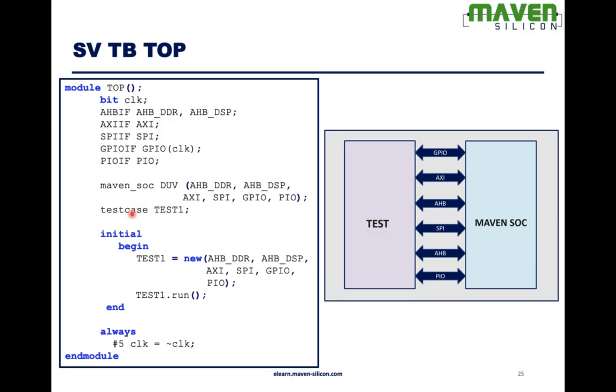And this is the SystemVerilog test case. The SystemVerilog test case has got all the interfaces. So we are passing the same instances: AHB for DDR, DSP, AXI, SPI, GPIO, PIO. Here you look at, this is how the DUT is connected with the test case. It's like a one-to-one connection. You can visualize order-based connection.